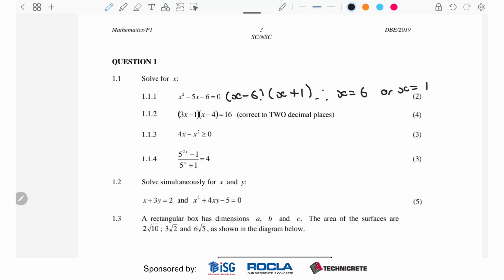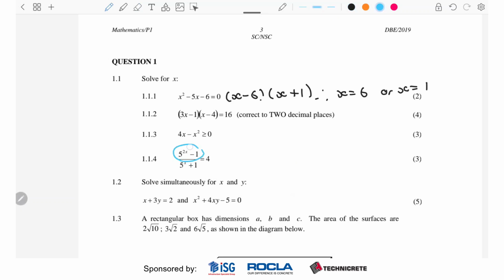1.1.4 is an exponential equation. So it'll be 5 to the power of 2x minus 1 over 5 to the power of x plus 1 is equal to 4.